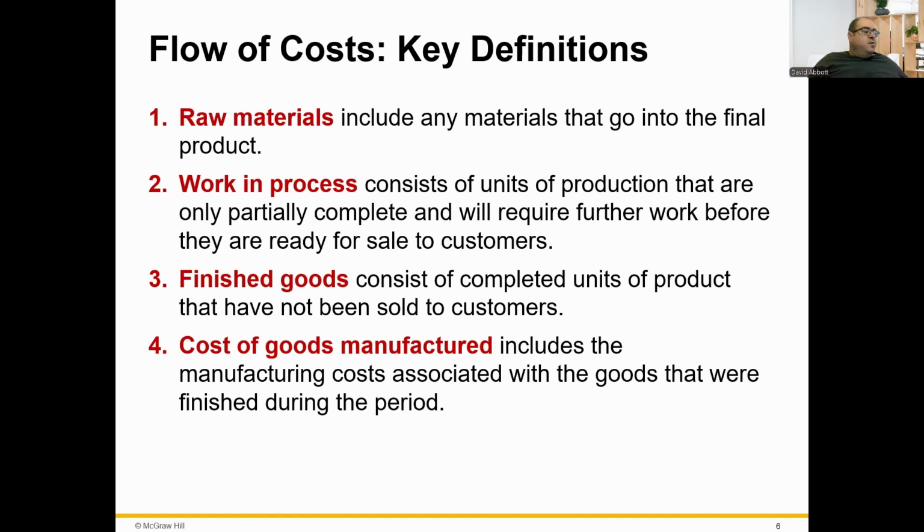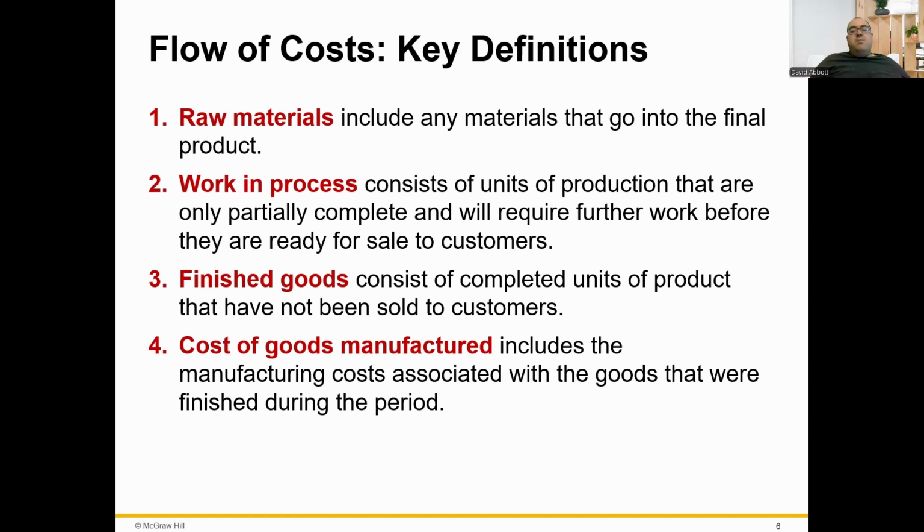Again, raw materials are going to be the materials that go into the final product. So let's say that you are baking bread. The raw materials would be like the flour, the water, the yeast, whatever else goes into baking bread.